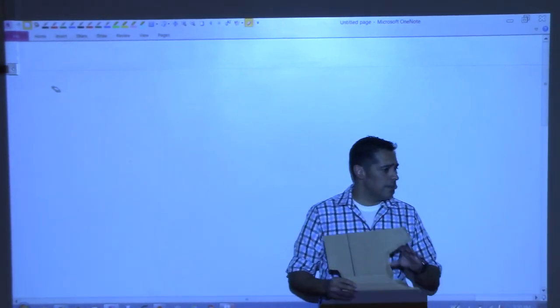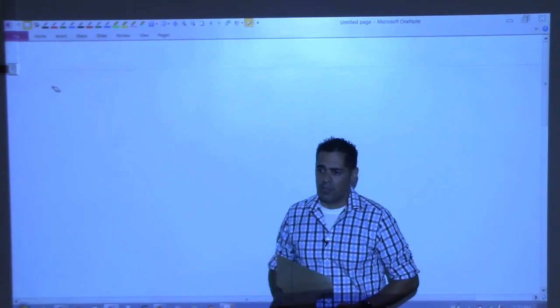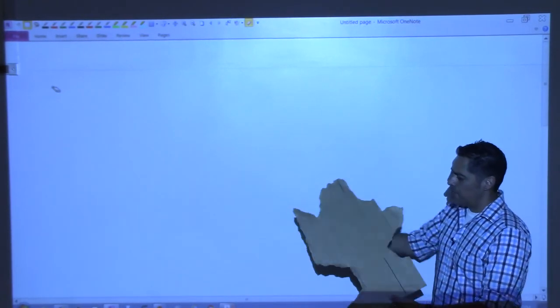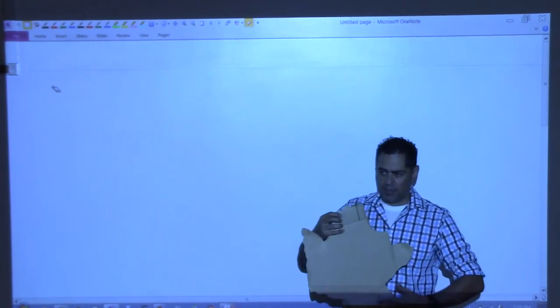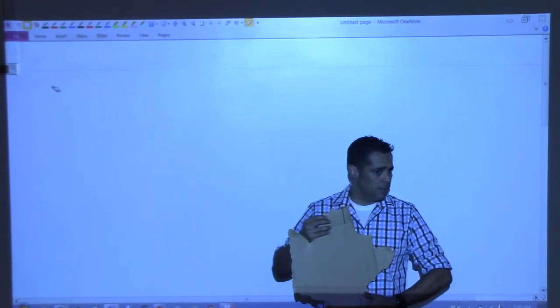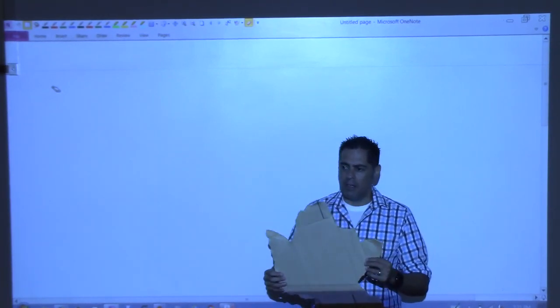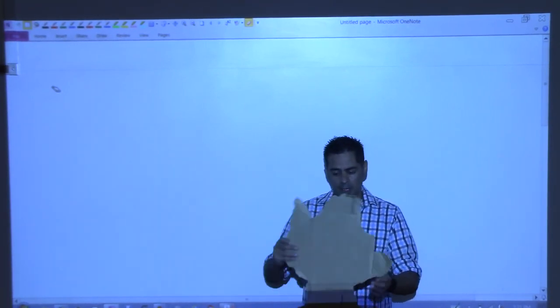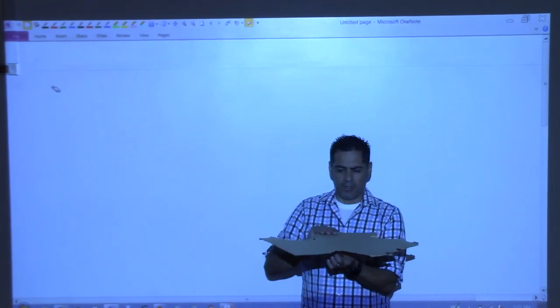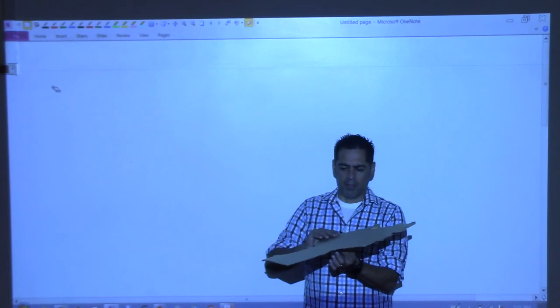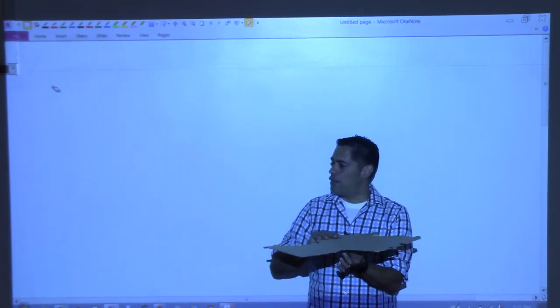But everything that we do here extends over into 3 dimensions. So when we talk about the center of mass of a flat surface like this, we call this a lamina. And we are trying to find the center of mass, which would really mean the point on the surface where I could balance this on my finger. That would be the center of mass.